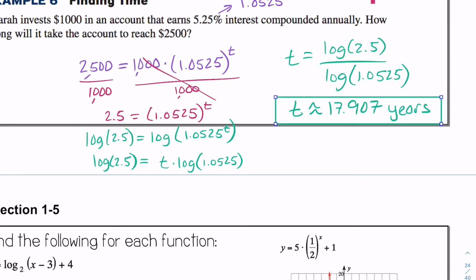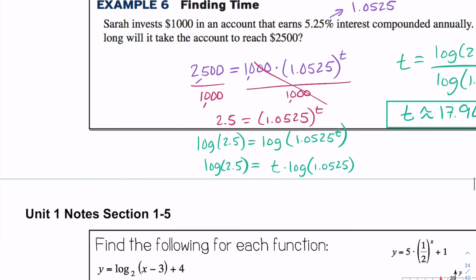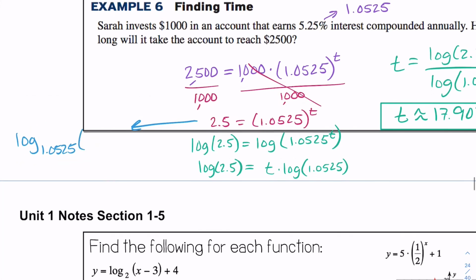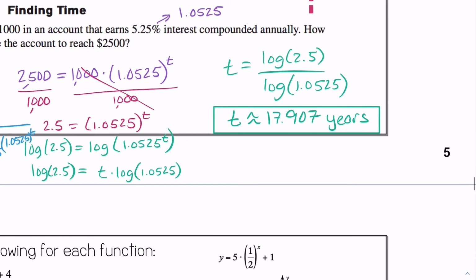That's years. Now again, if I wanted to, I could have done log base 1.0525 of both sides, which would have been kind of weird, of 2.5, and log base 1.0525 of 1.0525 to the t. Yikes, let me move all this stuff over.